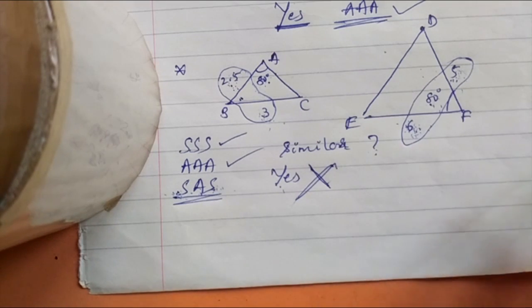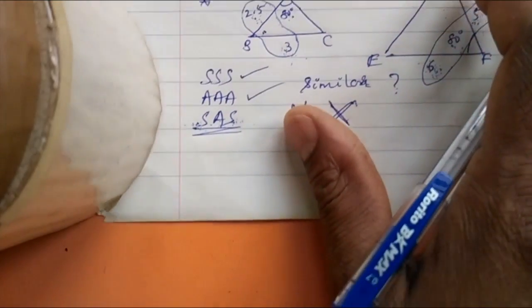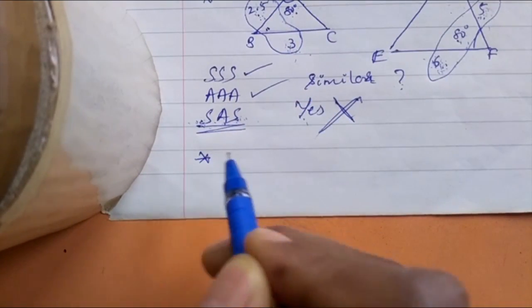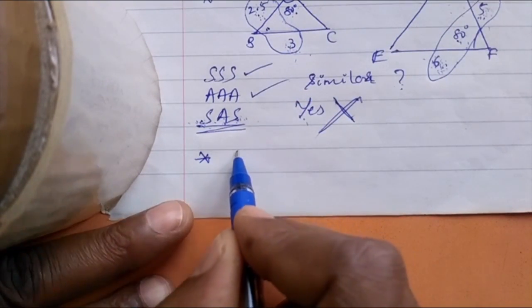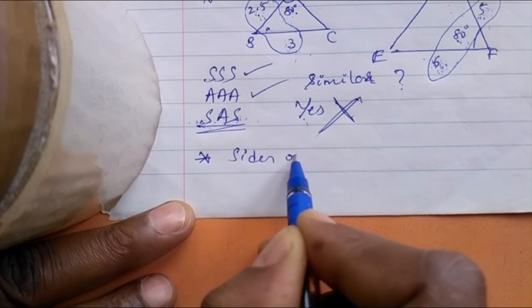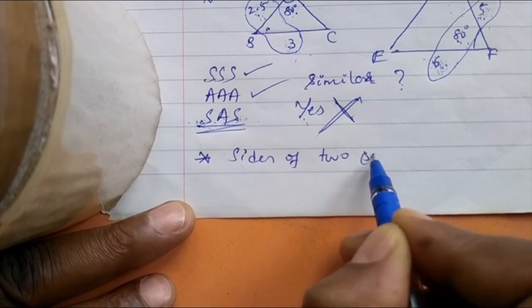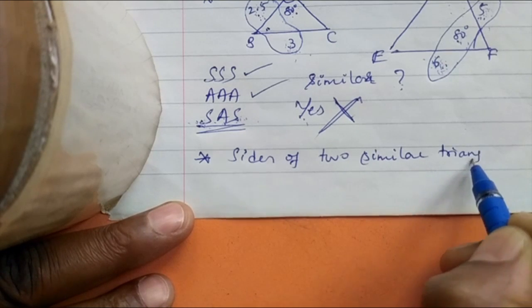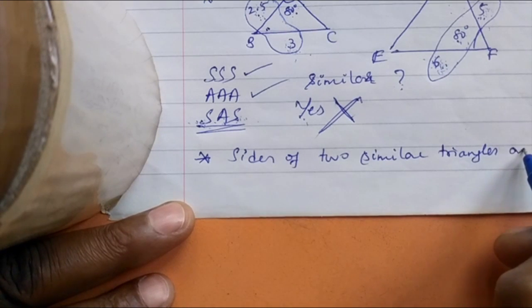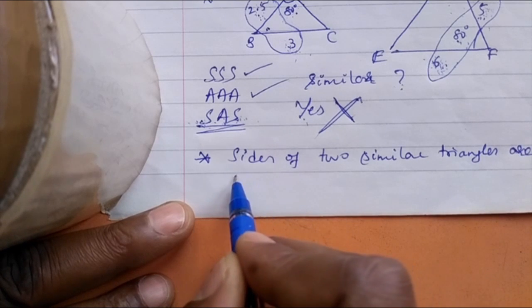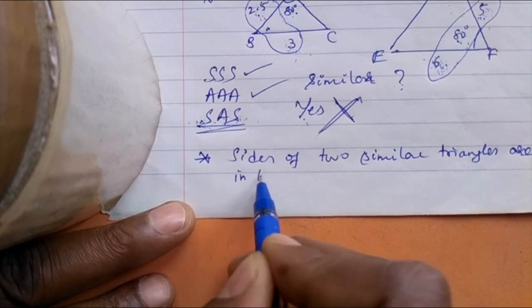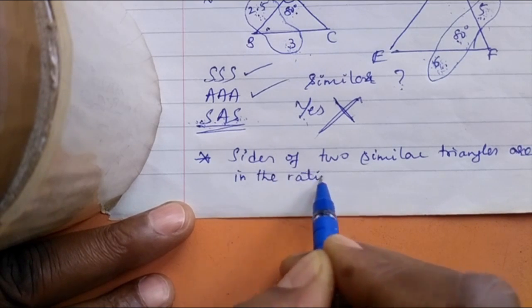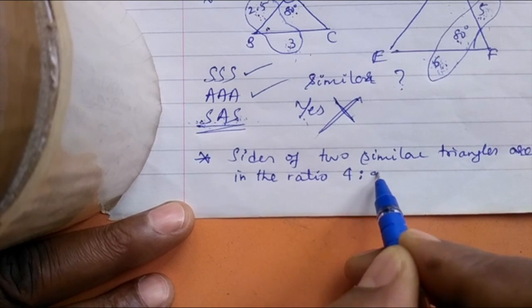And let us go for another question. Sides of two similar triangles are in the ratio 4:9.